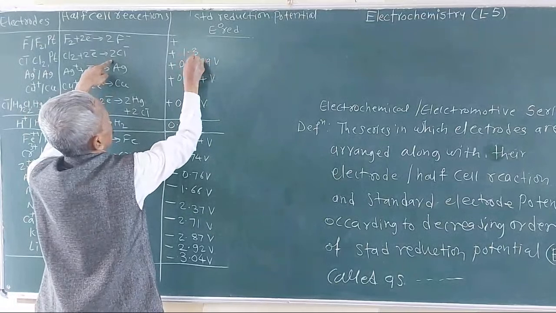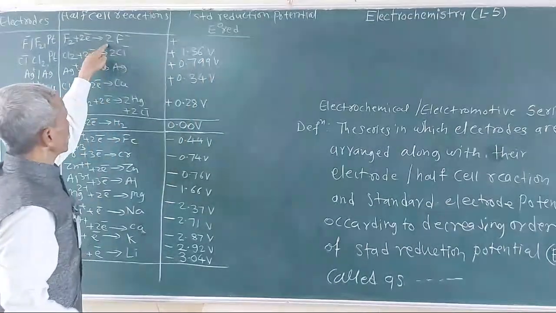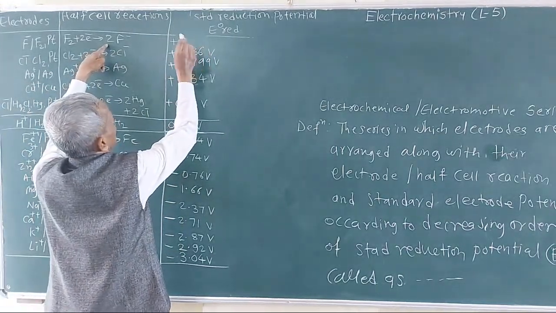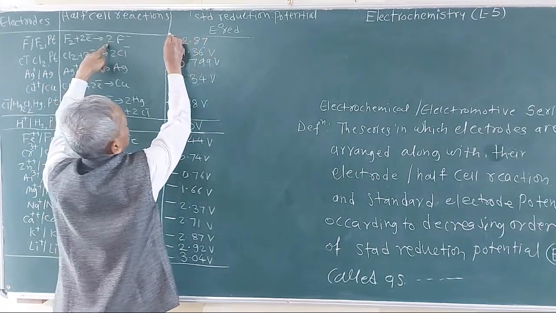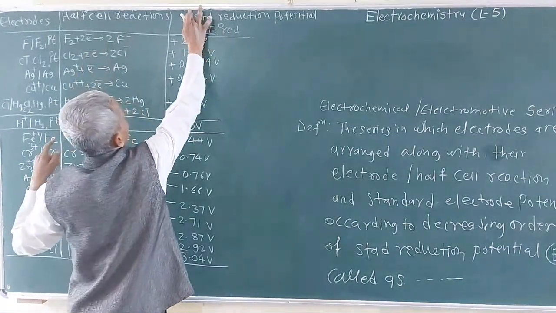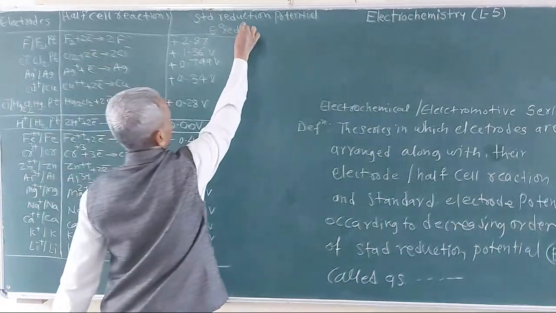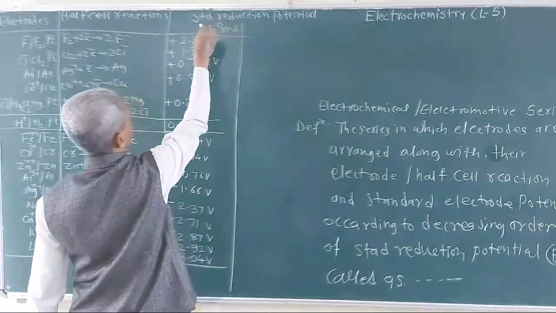Fluorine has 1.36 volts, and this is the fluorine electrode having a maximum reduction tendency, and it has a value of 2.87 volts. So these are the standard reduction potentials, that is E0, given in volts.